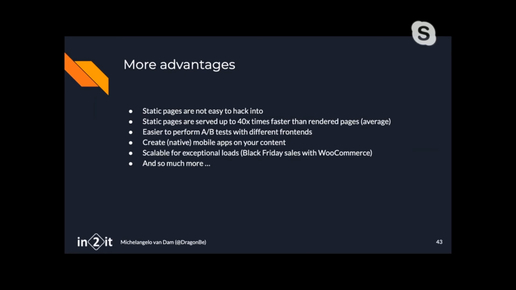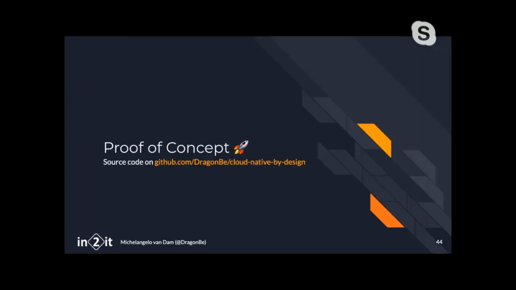So let's have a look at a proof of concept. My proof of concept, the source code can be found here. I will provide the link to the slides at the end, so don't worry if you don't catch it right now.